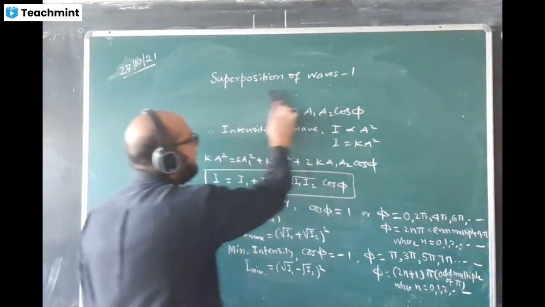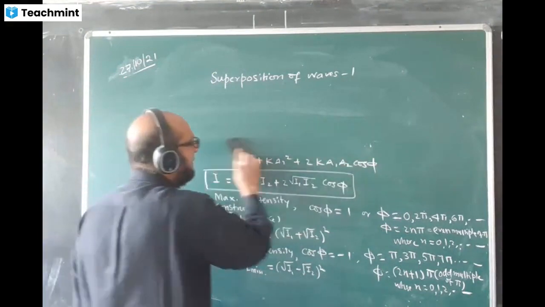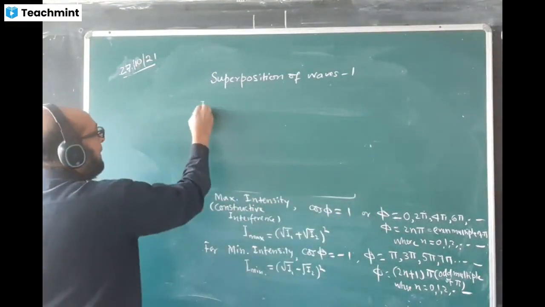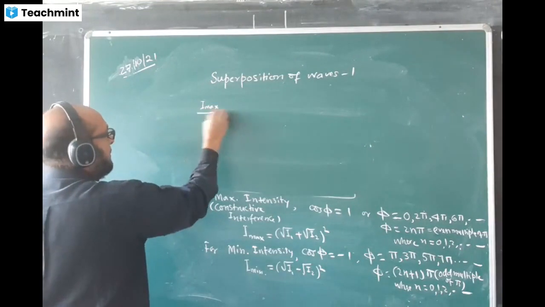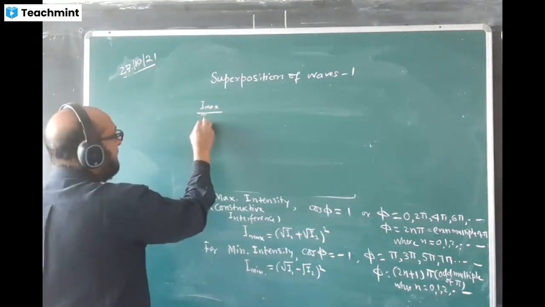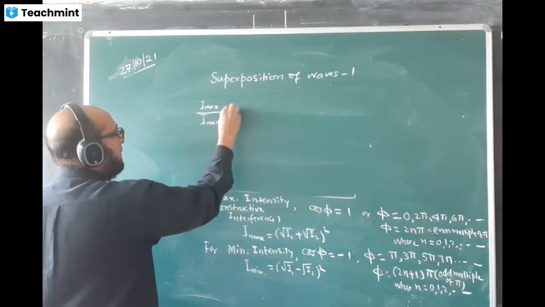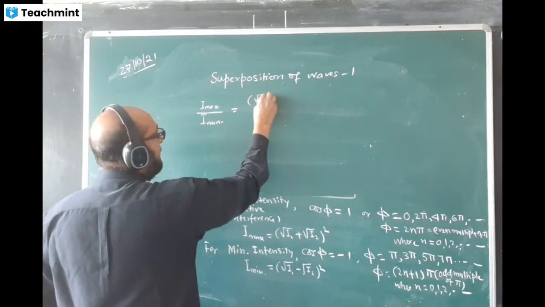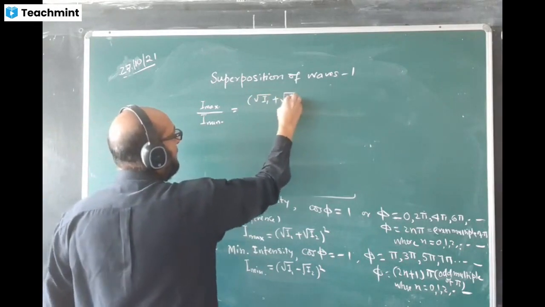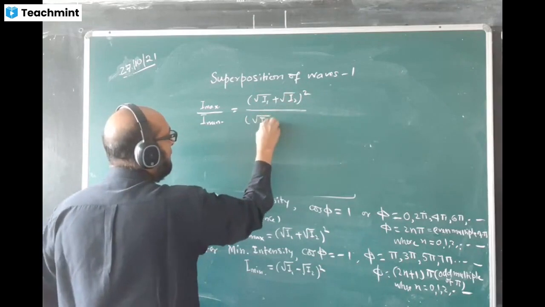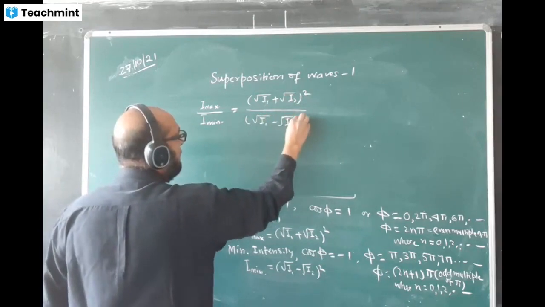If you have to find the ratio of maximum and minimum, you will do it like this: I max by I min equals root I1 plus root I2 whole square by root I1 minus root I2 whole square.